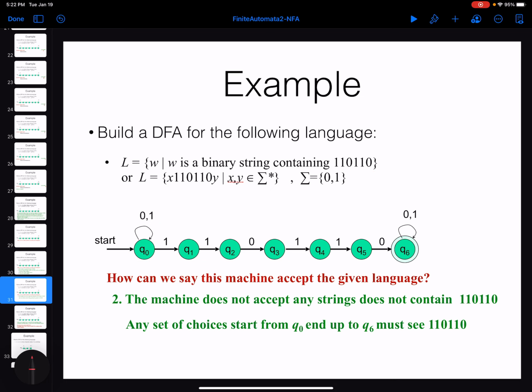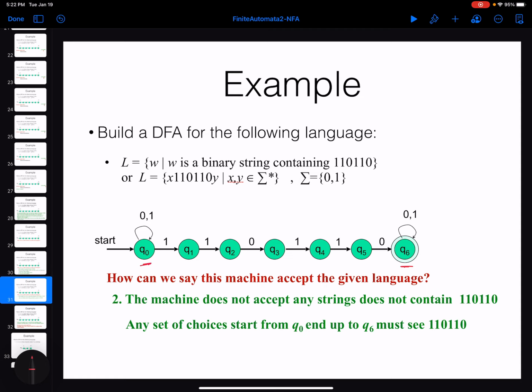And the machine doesn't accept anything else. It doesn't accept more than this set of binary strings. The reason is that if you have a string that doesn't have the pattern 110110, there is no way that you can reach Q6 from Q0.